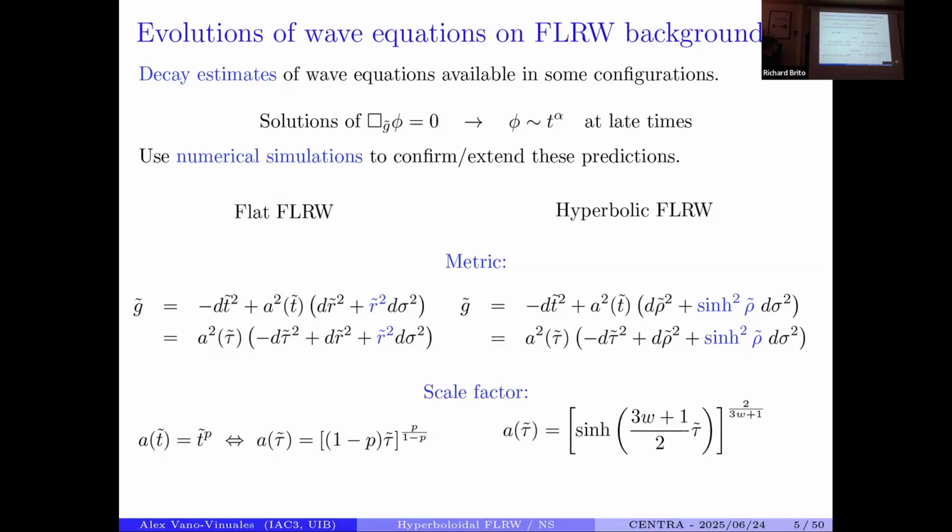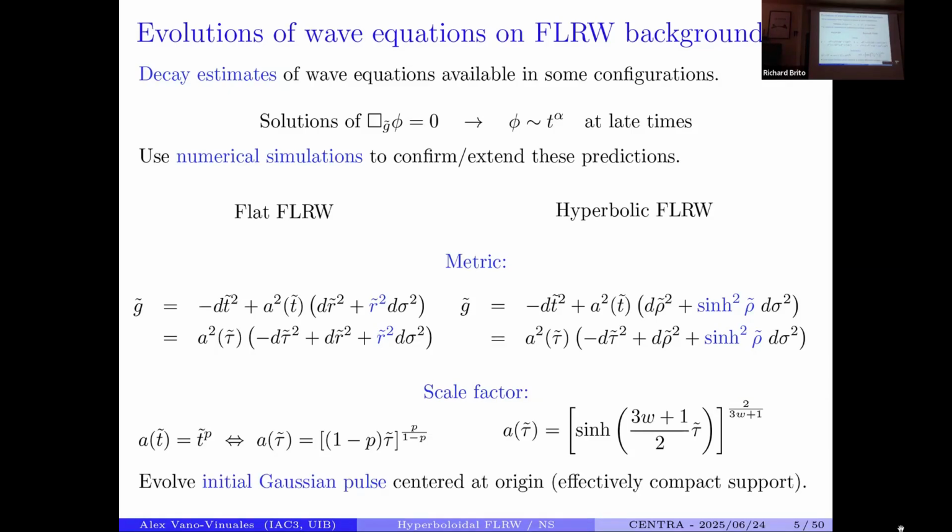In this case, this is the scale factor, and it depends on some parameter p. This p is going to be 0 for Minkowski, and we're going to consider up to the value of almost 1. And in the hyperbolic case, this is the form that the scale factor has in terms of the conformal time, and different values of this parameter w will correspond to different cases.